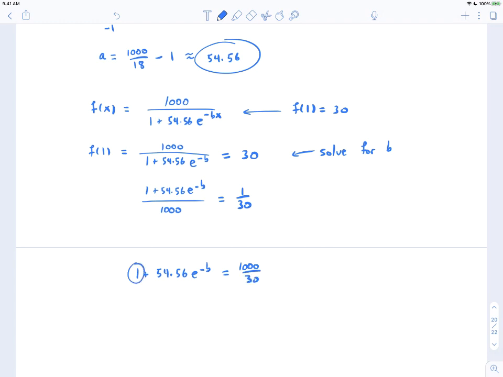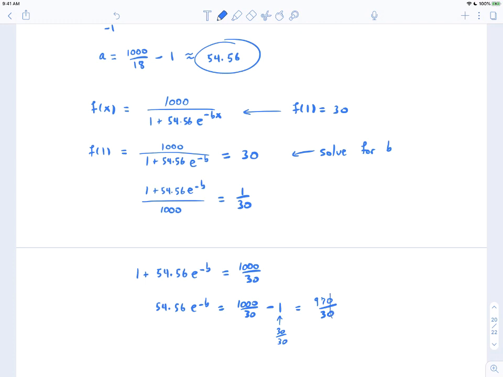And then we can subtract 1, and we'll have that 54.56 e to the minus b is equal to 1,000 over 30 minus 1, which I suppose if we write 1 as 30 over 30, this becomes 970 over 30.